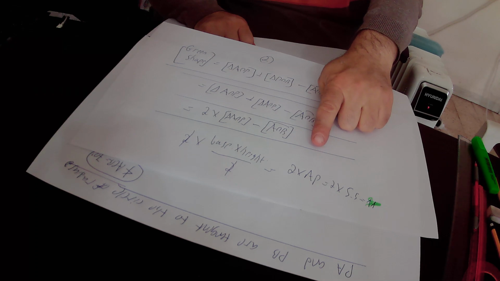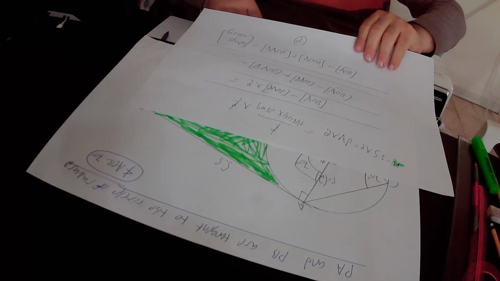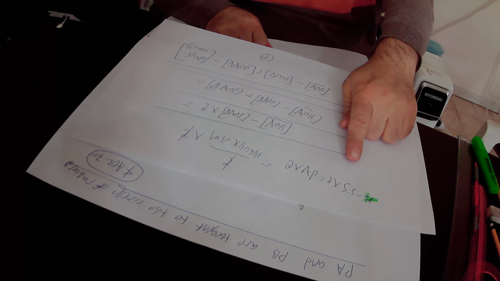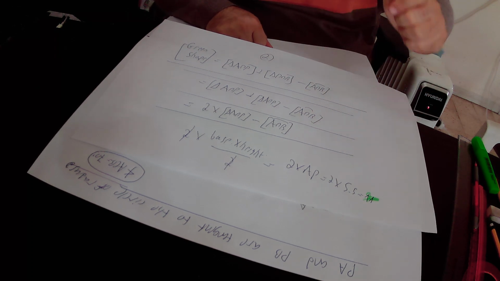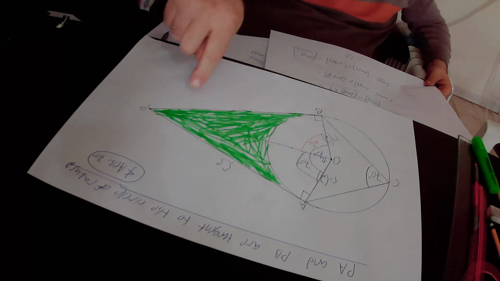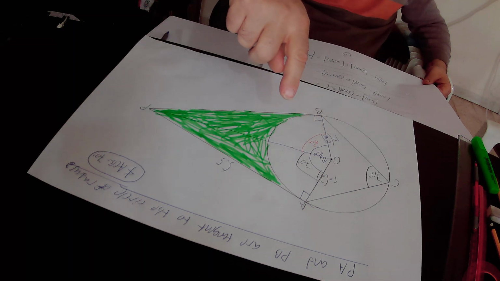AP is 5.5. So it is 2 times 5.5, that is 11.